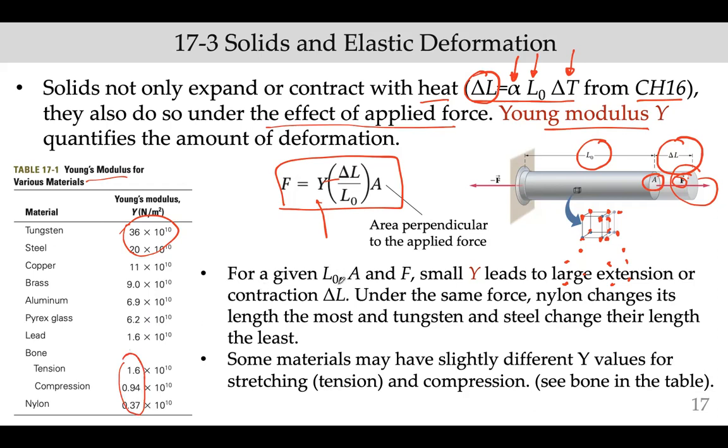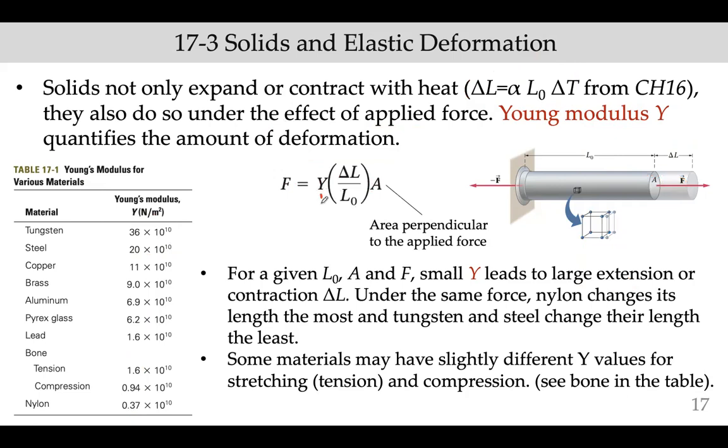So for a given L0, A, and F, let's say F is fixed, L0 is fixed, and A is fixed, you are going to apply a fixed force to this object. For different materials, a small Young modulus leads to large extension. If Y is small, the extension will be large because these are inversely proportional.